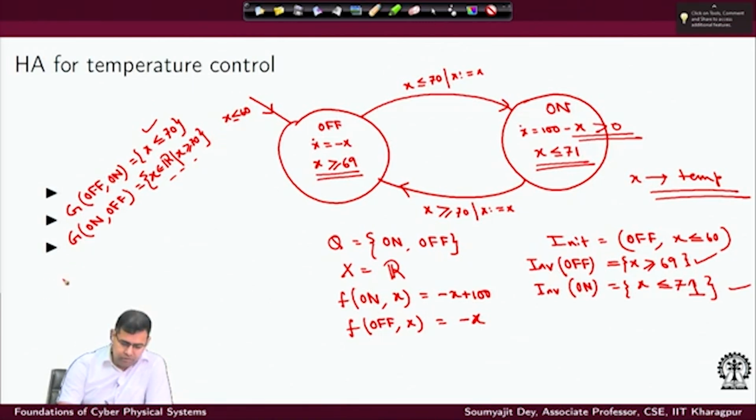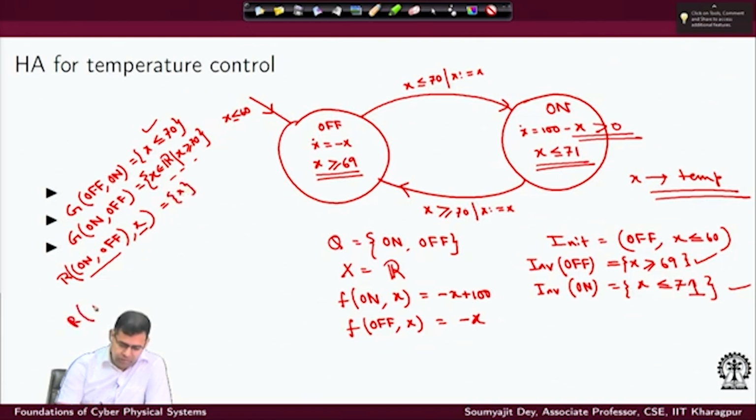And when I am doing the reset, here practically there is no reset, but since as part of the definition it has to be a complete one. So, on to off and off to on, in both cases for this edge, for this variable it is just that value only.